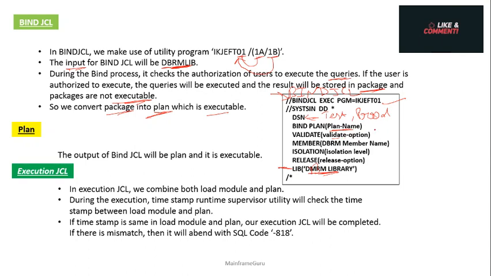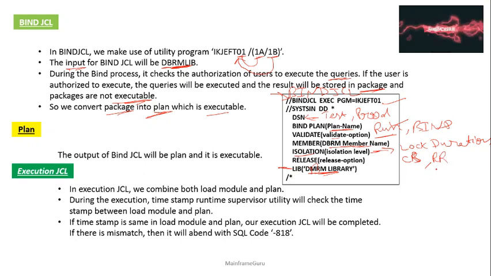By default you have RUN, and another option is BIND, but by default we use RUN. In MEMBER we give the DBRM member name. ISOLATION is used for lock duration, meaning how much time you want the lock on a table. There is CR, CS cursor stability, RR repeatable read, and UR uncommitted read.